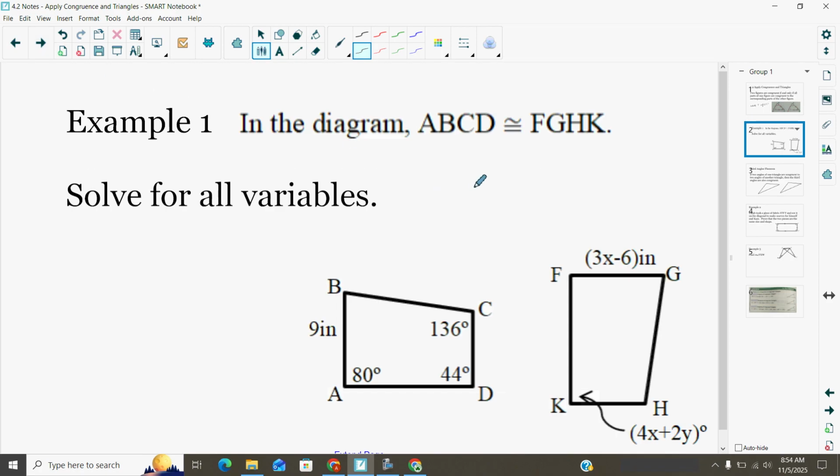So in example 1, we are told that figure ABCD, so we have a quadrilateral here, ABCD is congruent to FGHK. Solve for all variables, so it looks like we have an X and a Y that we need to solve for.